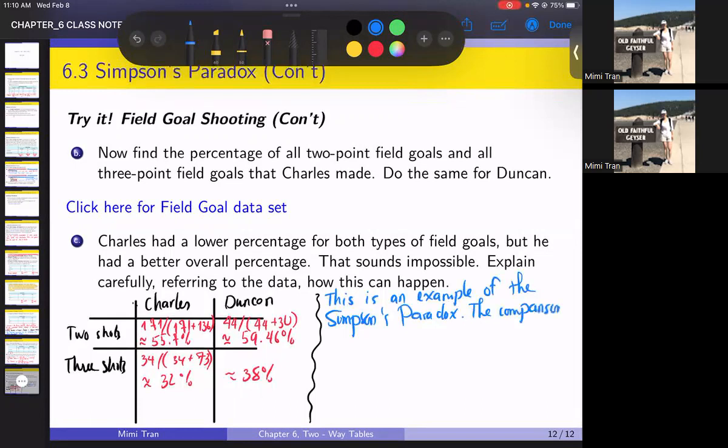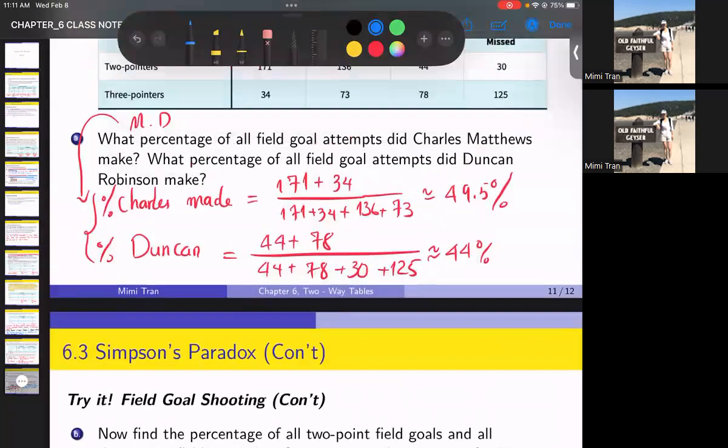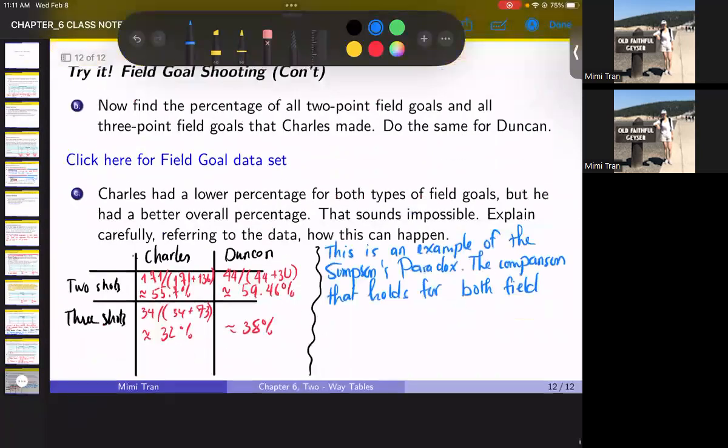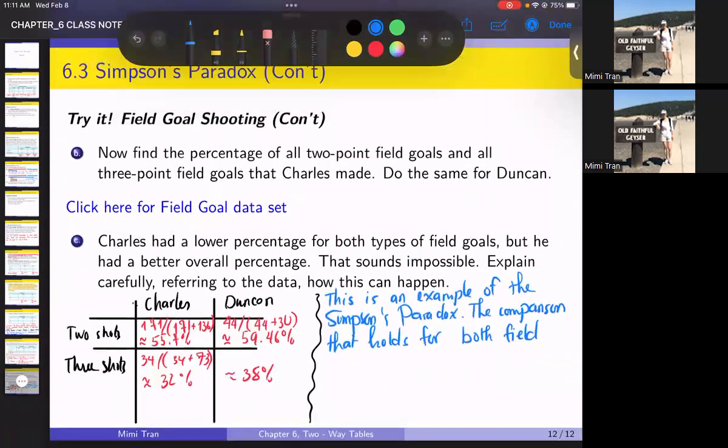The comparison that holds for both field goal groups is reversed. When I say both field goals, I mean two-shots or three-shots.